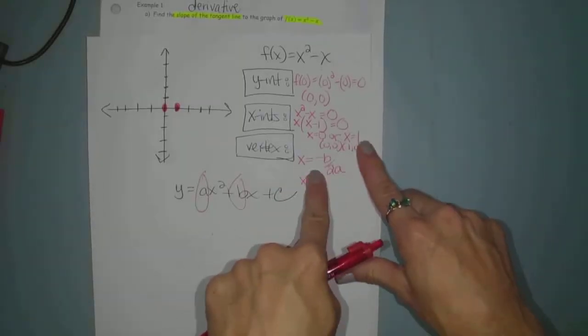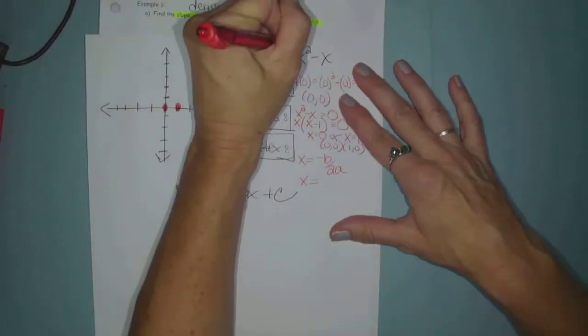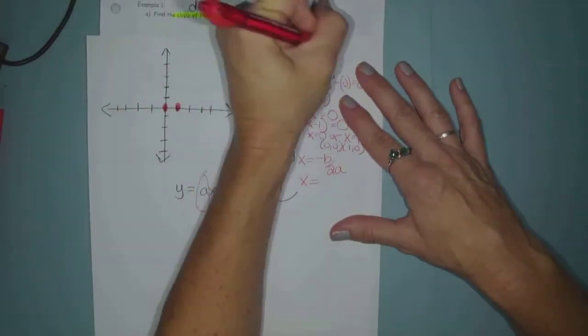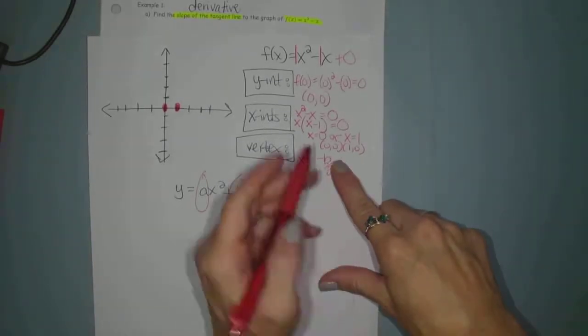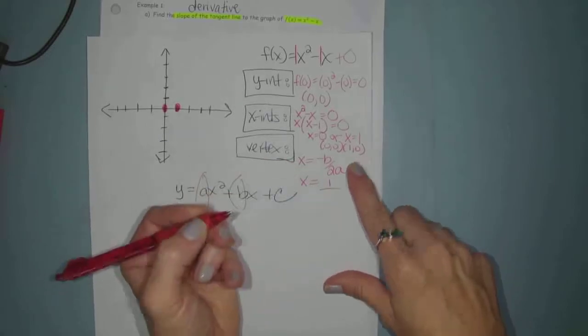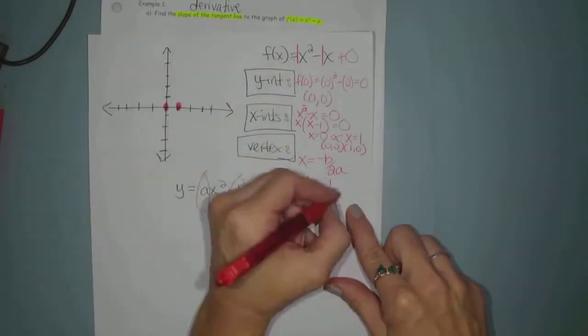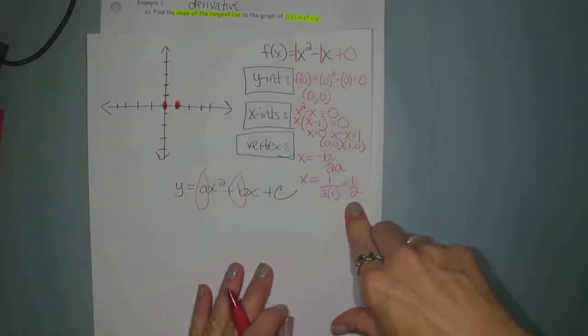We don't have a c in our formula, so you don't have to worry about that. But if we go up to our function, a is 1 and b is negative 1, and of course the c is 0. So when we fill this out, the opposite of b, well, b is negative 1, so the opposite of that is positive 1 over 2 times a, which is 1. So the x value of the vertex is a half.